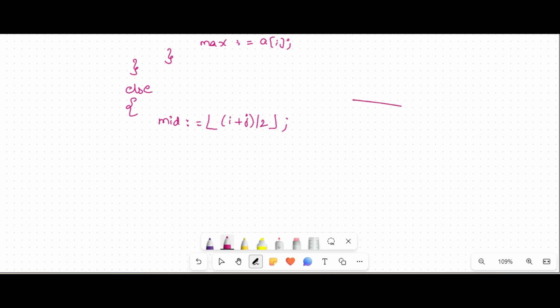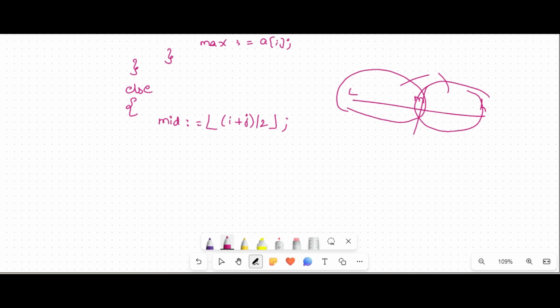This is low position, this is high position, this is mid position. Up to mid position is the left sub-array; next of mid, that means mid plus 1 to high, is the right sub-array. So we have to find the min-max from the left sub-array, again the min-max from the right sub-array, and again compare these two.